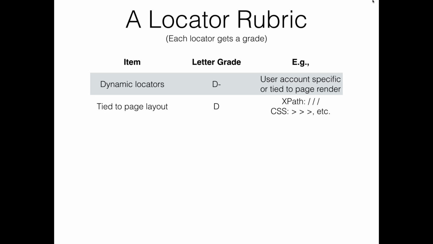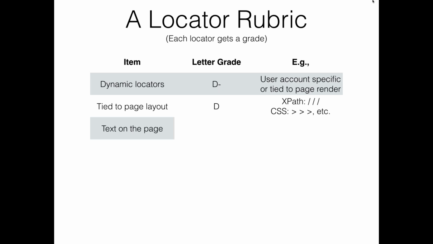A simple way to think about this is XPath or CSS selectors: if they contain 3 or more slashes for XPath or greater than symbols for CSS selectors, then they are likely very tightly coupled to the page, and so they are very brittle. You should be able to take a glance: if you see more than 3 slashes, oh, that's a D. More than 3 greater than symbols, oh, that's a D.